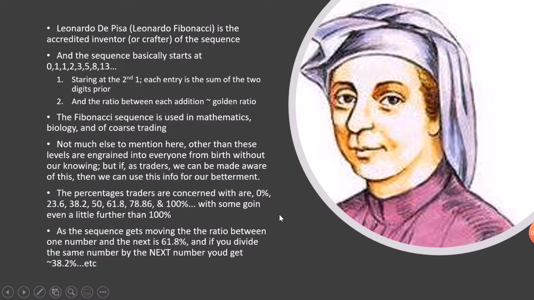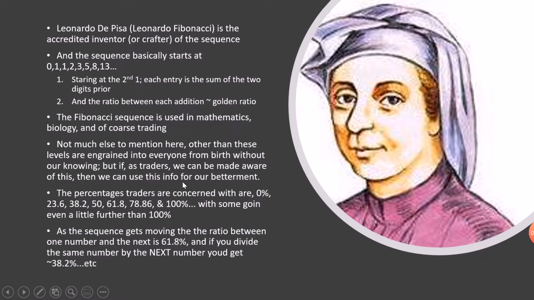What we're concerned about today are their percentages in trading and in trends and how that applies to us. But I find it really interesting that Indian scholars were using it thousands of years ago to analyze the creativity in poems. That's just fascinating to me.